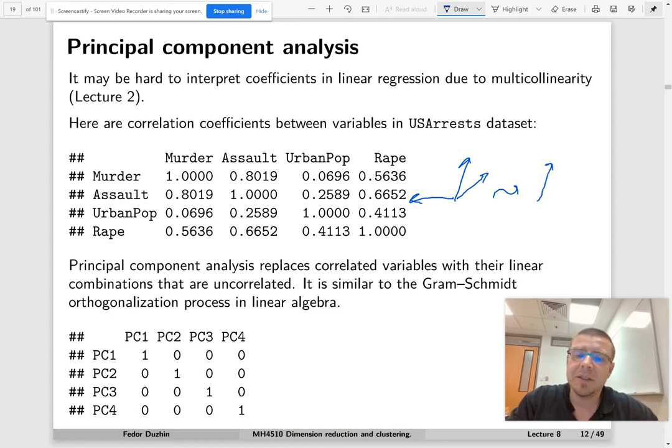The second vector is going to be a linear combination of the second vector and the first vector so that they become orthogonal. And the third vector is going to be, again, a linear combination so that all the 3 vectors become orthogonal, right? Principal component analysis works in a very similar way. We want to replace the original variables with their linear combinations so that the new variables are uncorrelated.